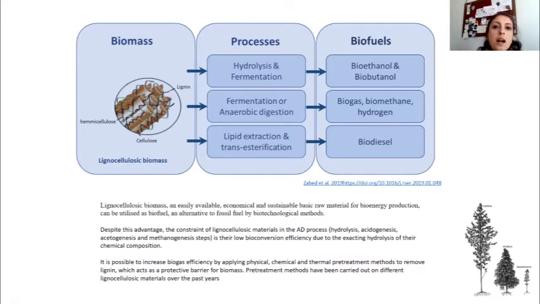But in the chemical structure of lignocellulosic biomass, we have to consider that they include lignin, hemicellulose, and cellulose.